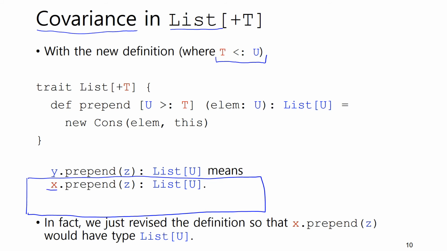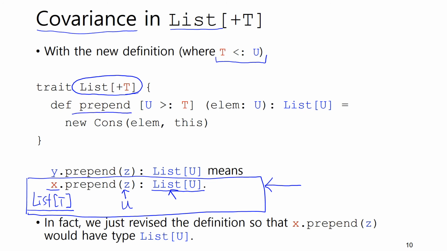Suppose that X has a type list of T. Then we should be able to prepend a new element of type U. And the result must be of type list of U, not list of T. So if you further analyze this observation, it means that if you have a list of type T, then you should be able to prepend an element of type U, which is a supertype of T. So here we prepend an element Z, which is a supertype of T. And the result is going to be no longer list of T, but instead list of U.